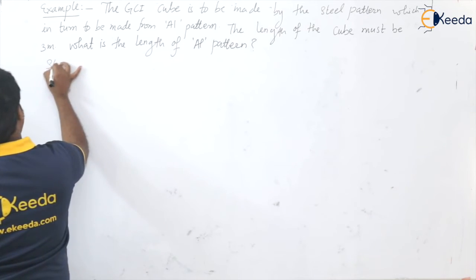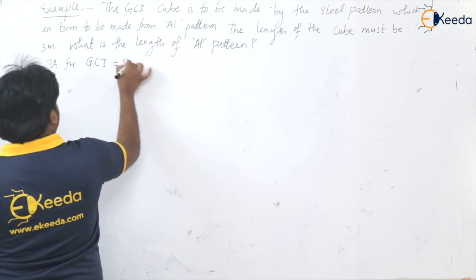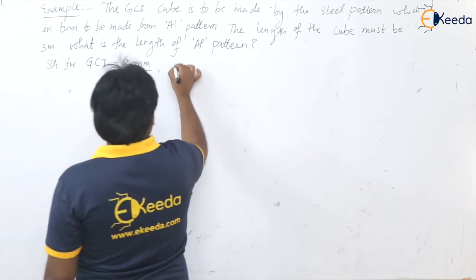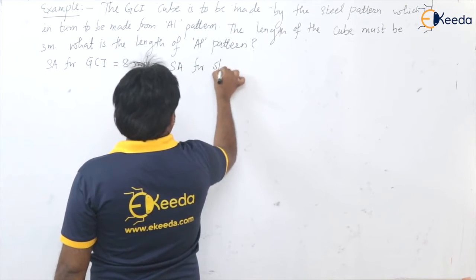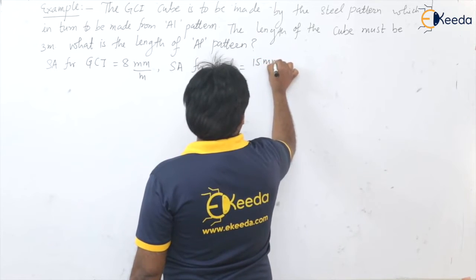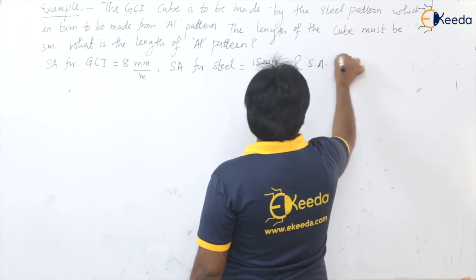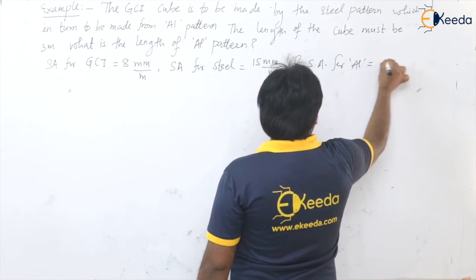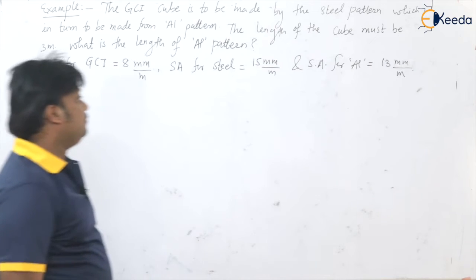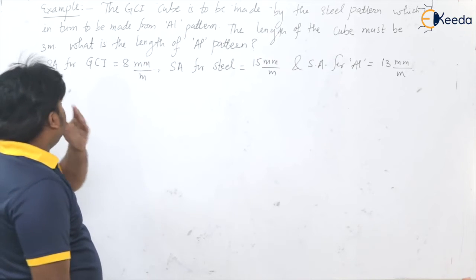The shrinkage allowance for grey cast iron is equal to 8 mm per meter. Shrinkage allowance for steel is equal to 15 mm per meter, and shrinkage allowance for aluminum is 13 mm per meter. So students, see, this is the example.